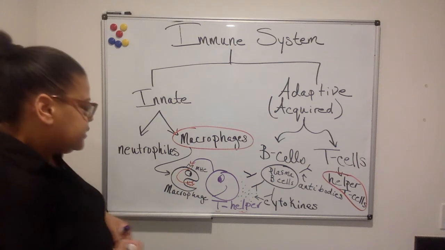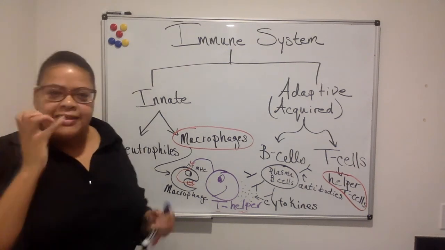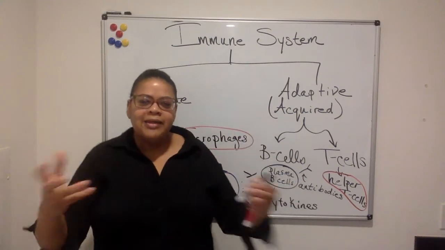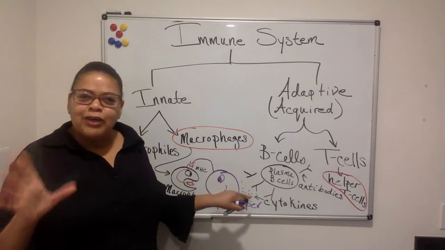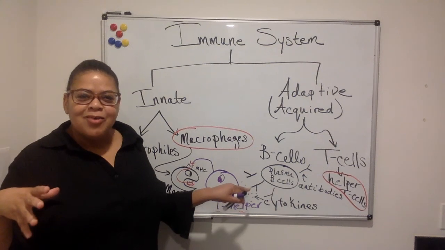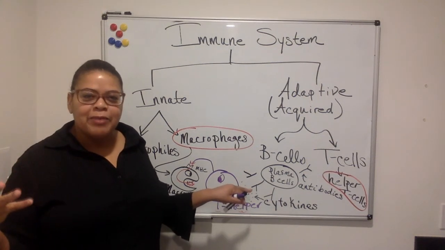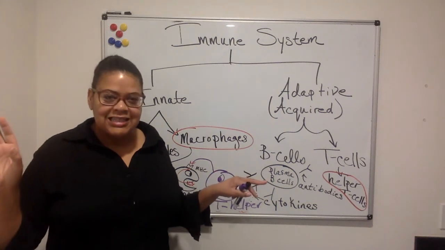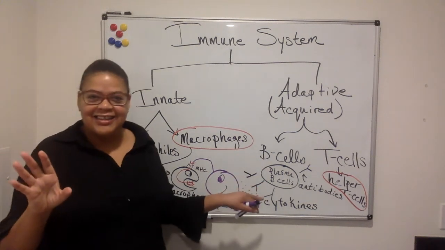They are protein messages. They signal the rest of the immune system to come. I like thinking of cytokines like perfume, where if someone wears really heavy perfume, you can kind of smell them from a far distance. Cytokines are kind of like that.